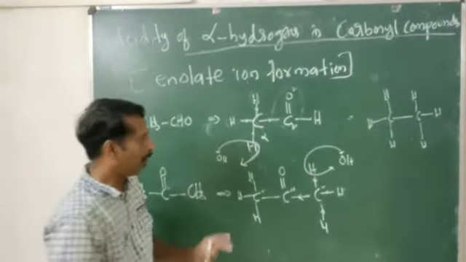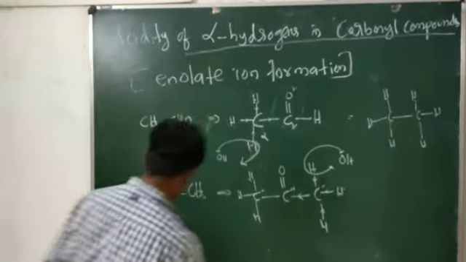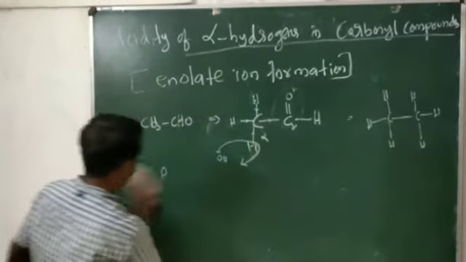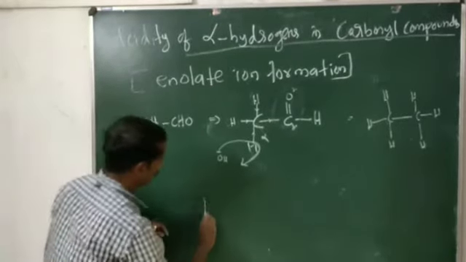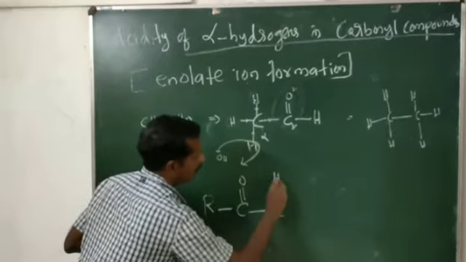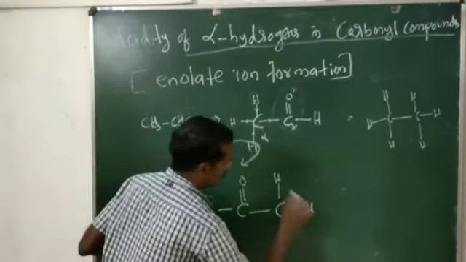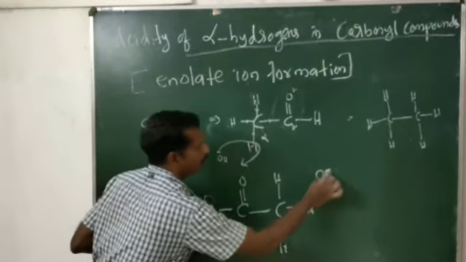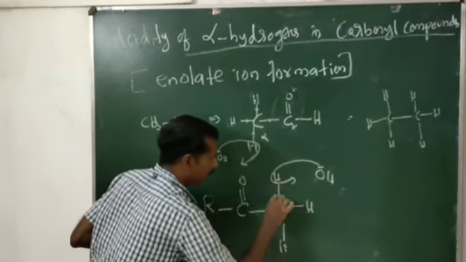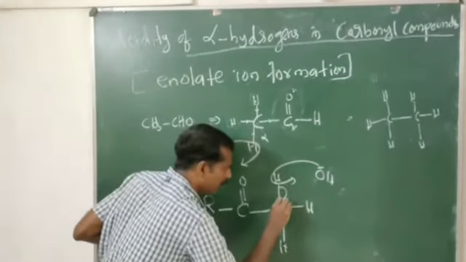So after removing this proton, what will happen? Look at it here. In general, R, C double bond O, C, H, H, H. If the base removes a proton, this pair of electrons, after the proton is removed, will move towards this carbon.